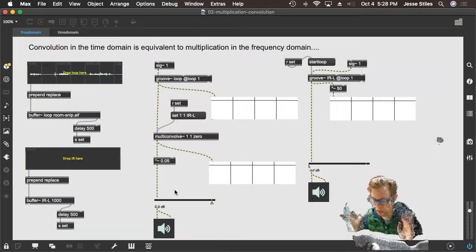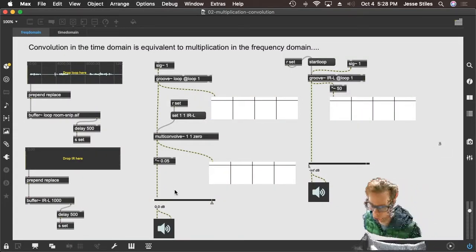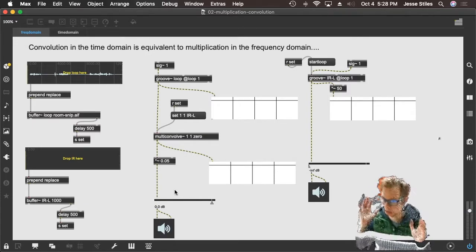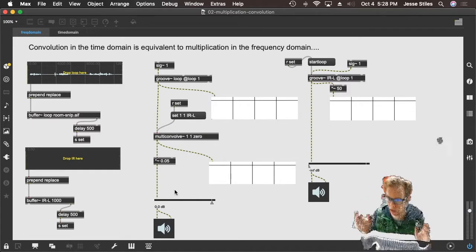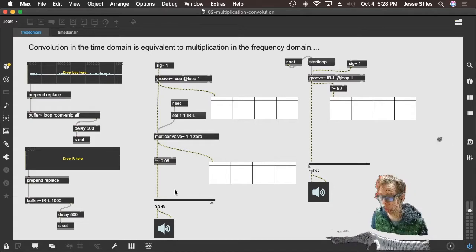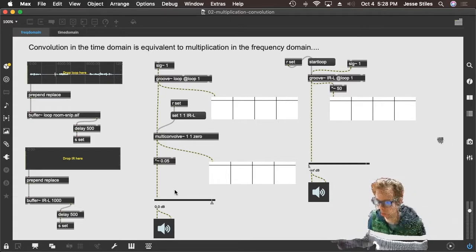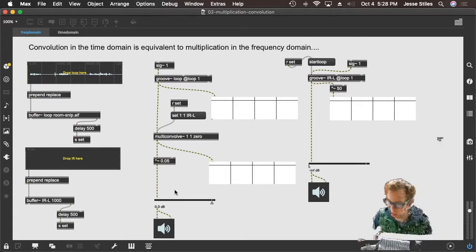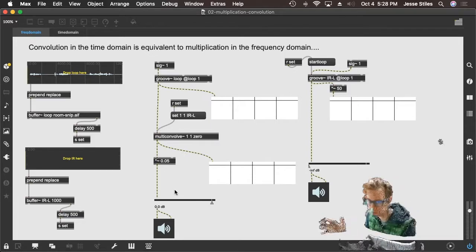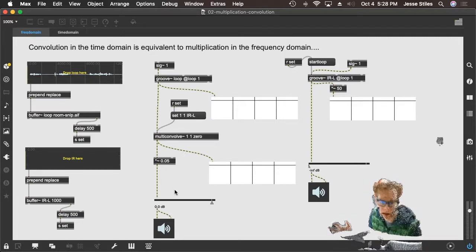Okay, one last thing I want to go over in this lecture is this equivalency relating the time domain and the frequency domain in terms of convolution. So we looked at convolution recently, and you can think of it as a sort of shifting function. When we're modeling the acoustics of a space, we take an impulse response and we shift that impulse response signal throughout time.